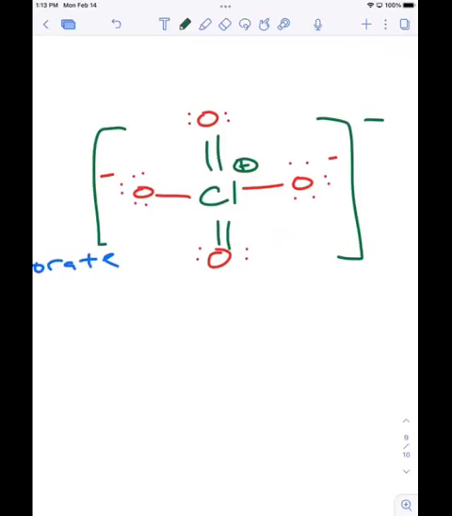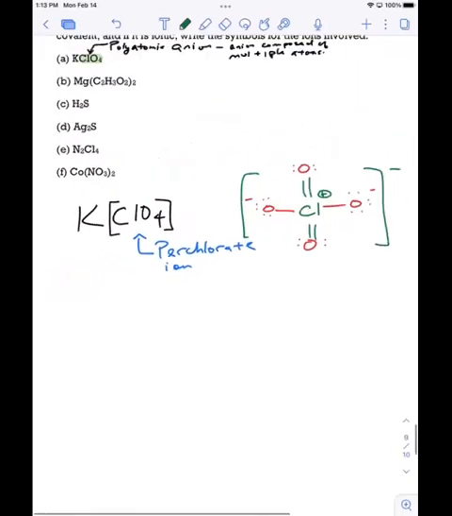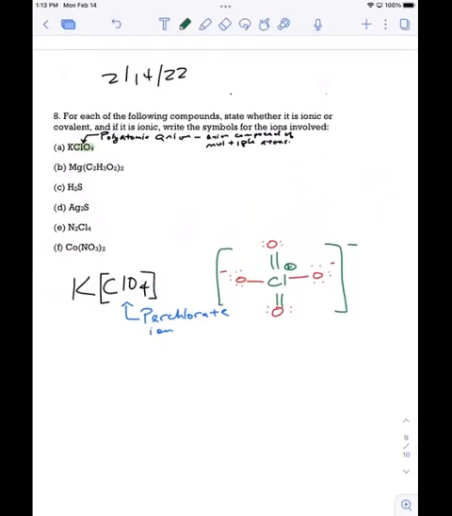All right. So that's the perchlorate anion. And the question asks, for each of the following compounds, state whether it is ionic or covalent. And if it's ionic, write the symbols for the ions involved. We're going to do that too, because that's going to help us understand the crisscross method that I showed you before with the charges.